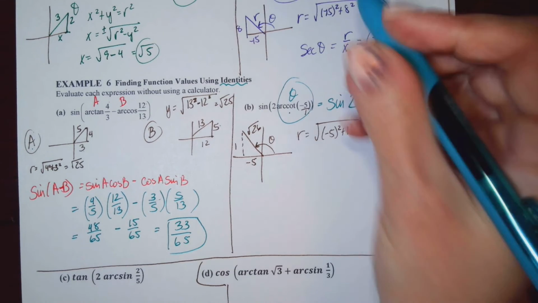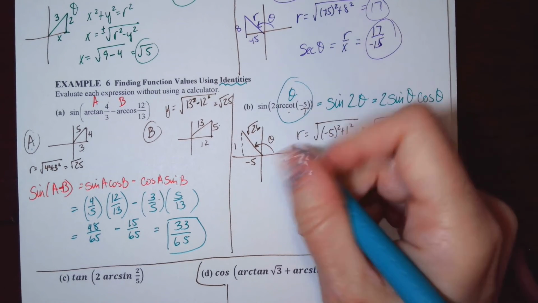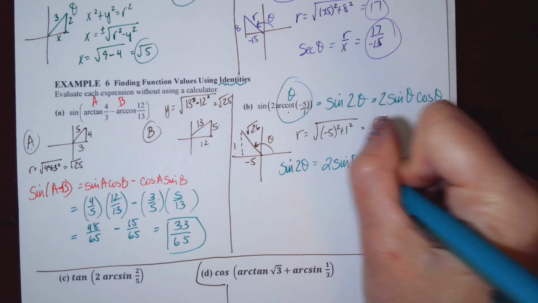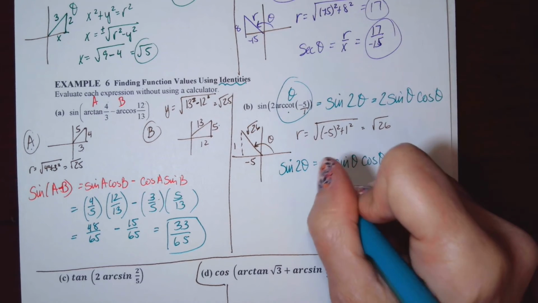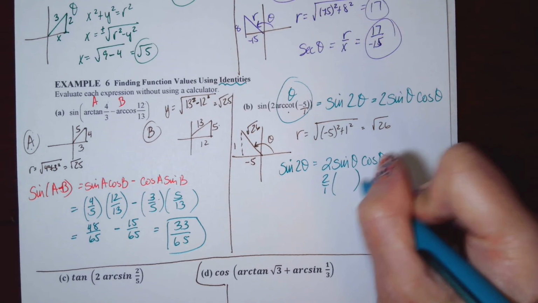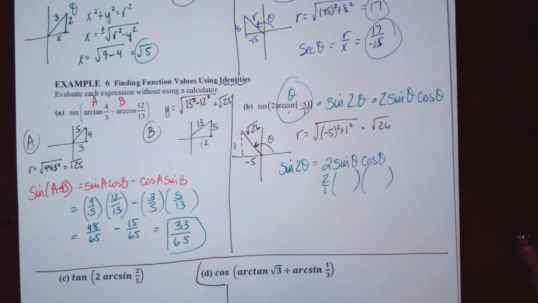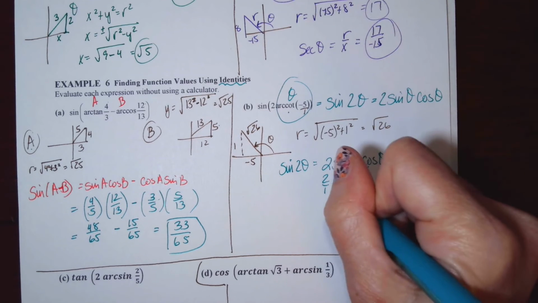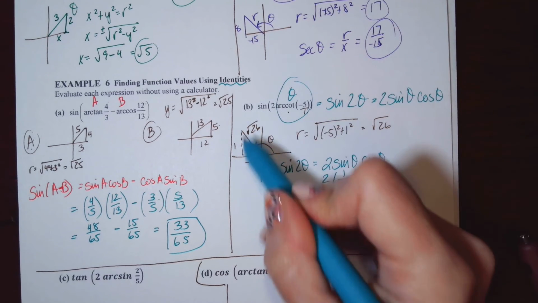Alright, so now I've got my identity here. Sine of 2 theta is 2 sine theta cosine theta. That's what I'm working with. So I've got 2. I'm going to write it as 2 over 1 so I can multiply my fractions easier. Sine is y over r. Cosine is x over r.